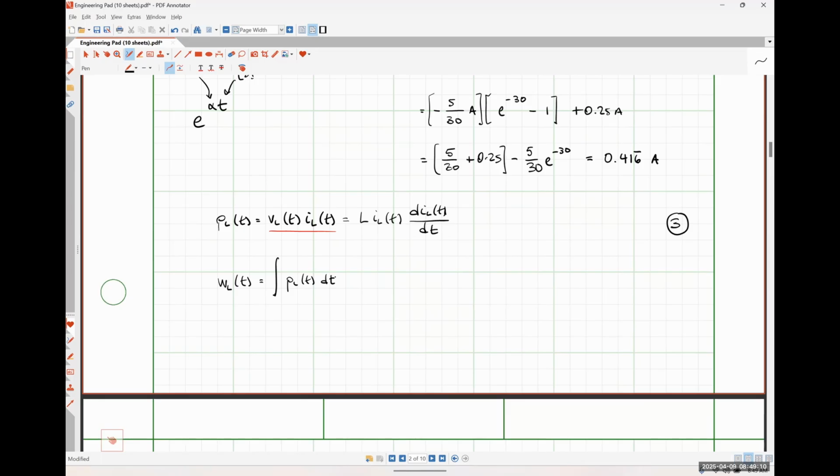Where this would be, goodness, simply the integral of L I di by dt.